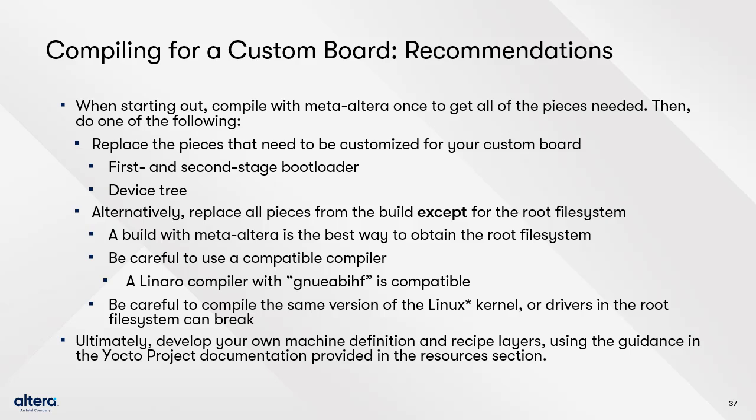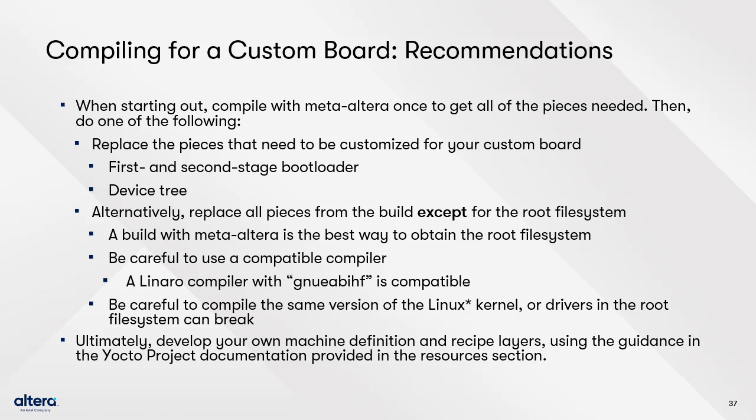Alternatively, you can replace all of the pieces from the build except for the root file system. Building the root file system using a build with Meta Altera is the best and easiest way to obtain this piece of the build. When you compile all of the software pieces again, be sure to use a compatible compiler. A Linaro compiler with NuABIF in the name should be compatible.